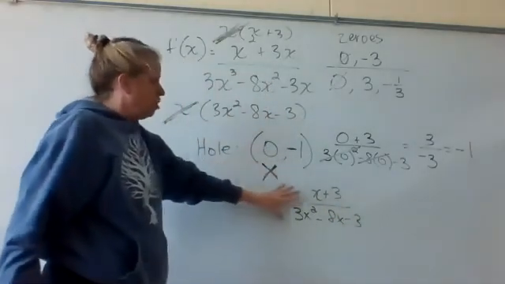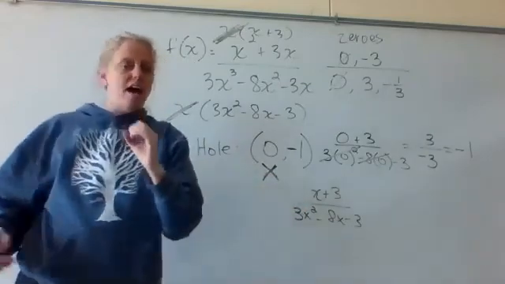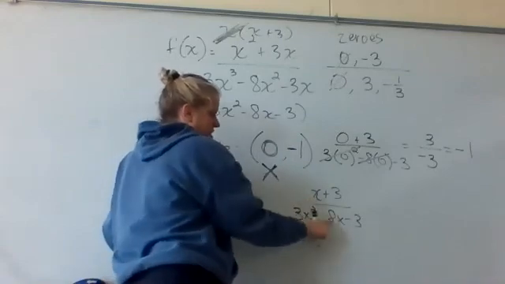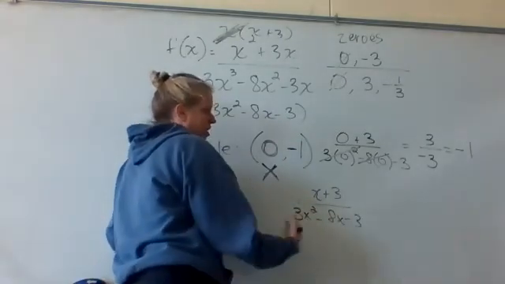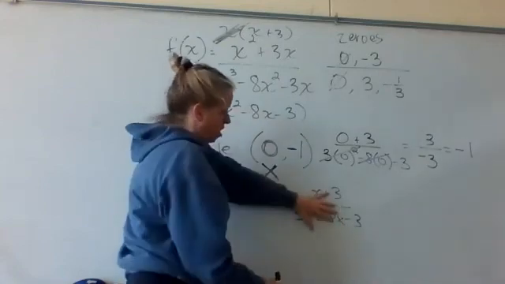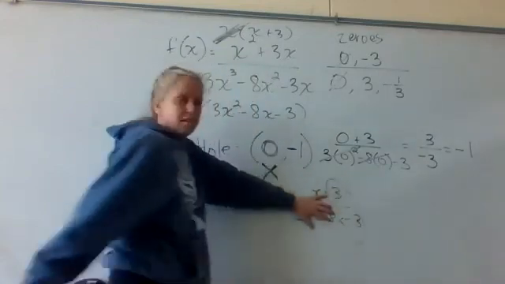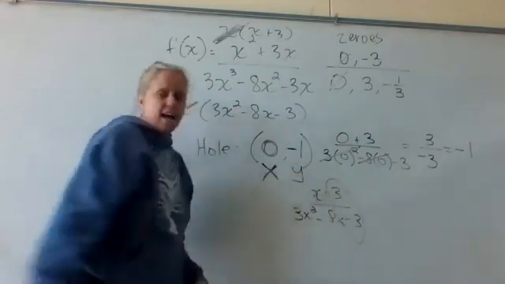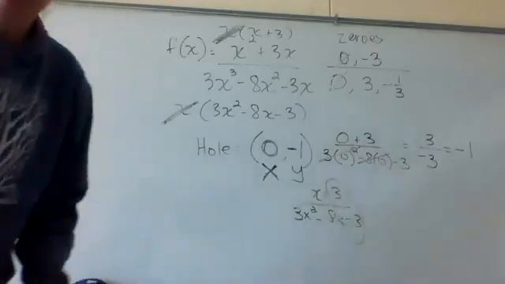So to find the y coordinate of that hole, whatever your x was, replace those x's with that number. It just happened to be 0 this time. But if I put zeros there, all that's left is 3 over -3, which is -1. That gives you the y coordinate of the hole.